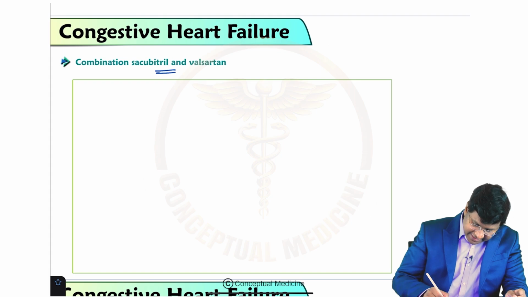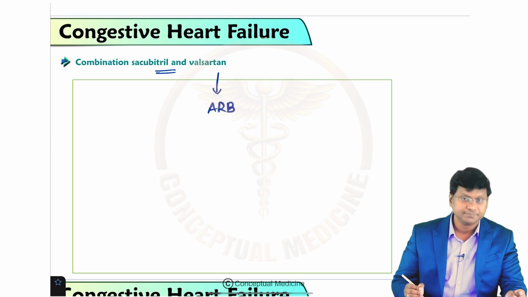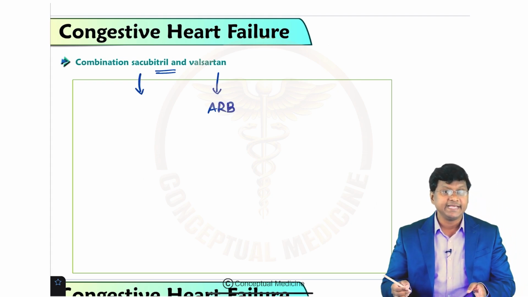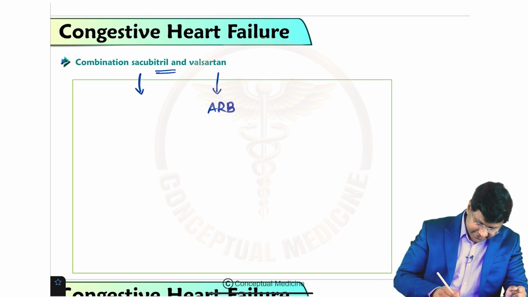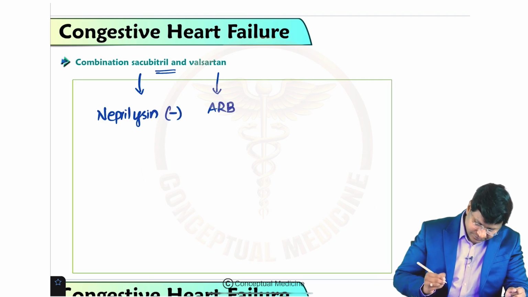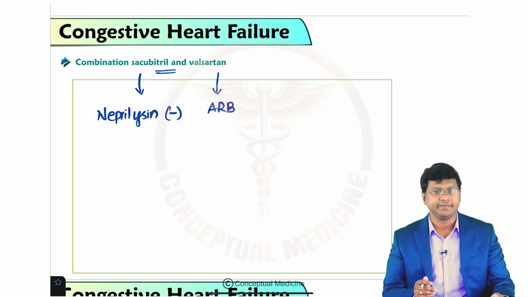And this valsartan is an angiotensin receptor blocker. And sacubitril is a neprilysin inhibitor. Right, it is a neprilysin inhibitor.